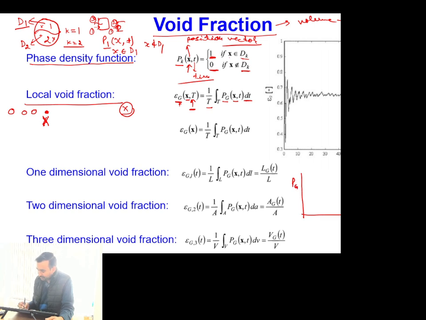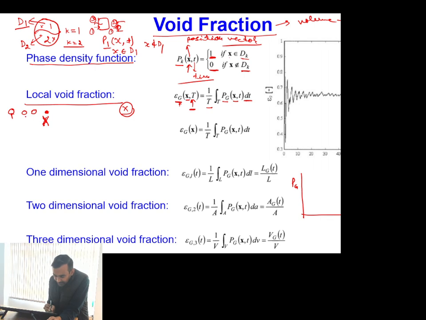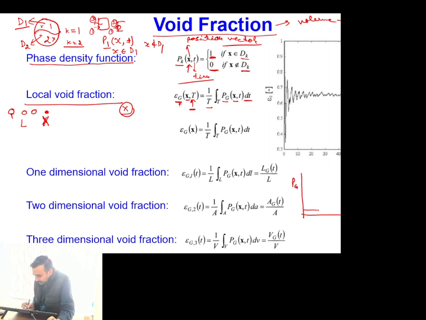If I plot p of g as a function of time, then initially, is there any gas? No. Say these are gas bubbles and everywhere in the surrounding I have liquid. So initially there is no gas present, so the value of p of g will be 0.